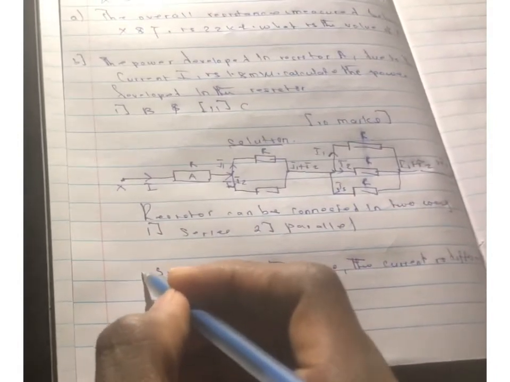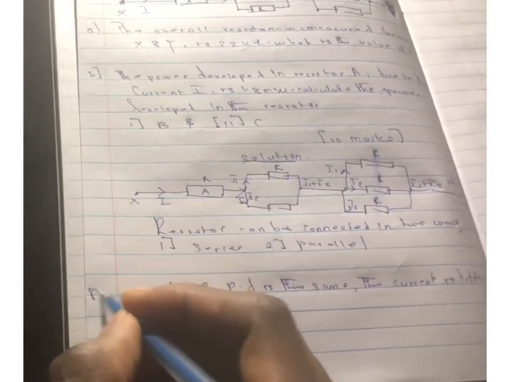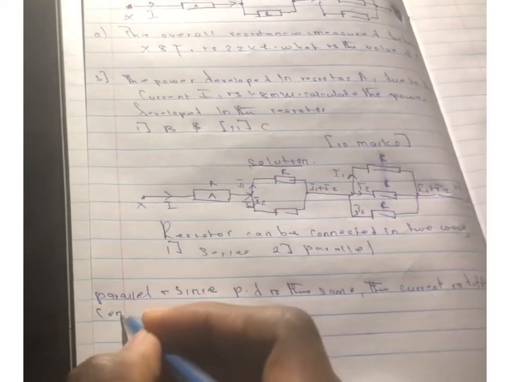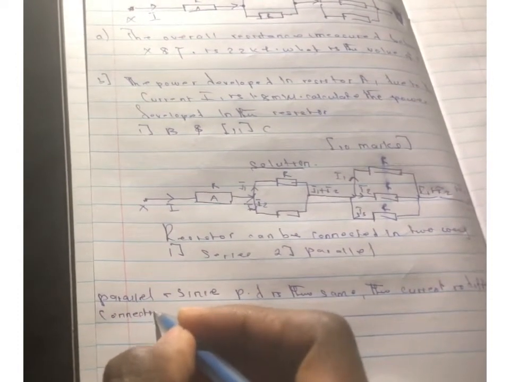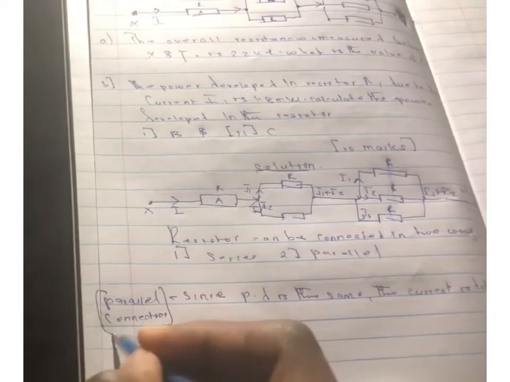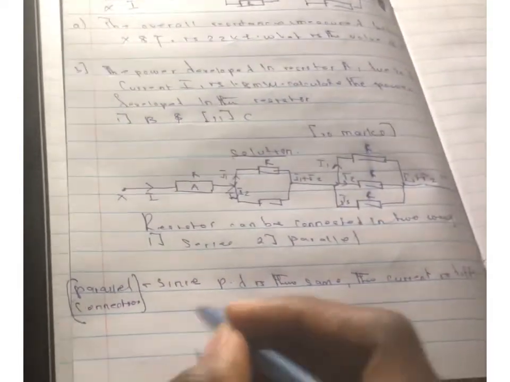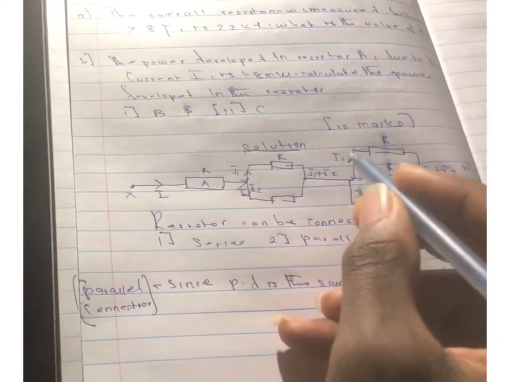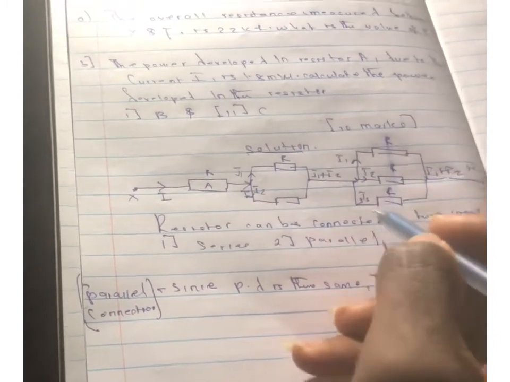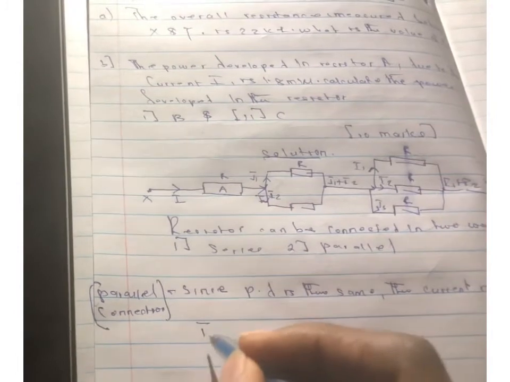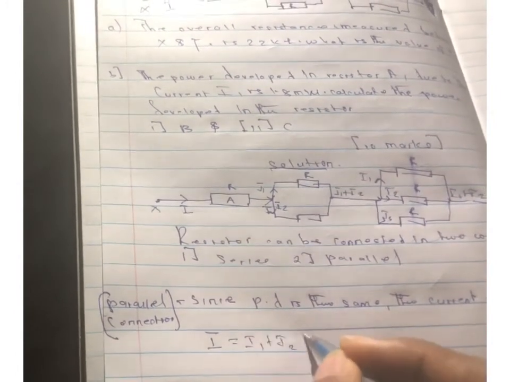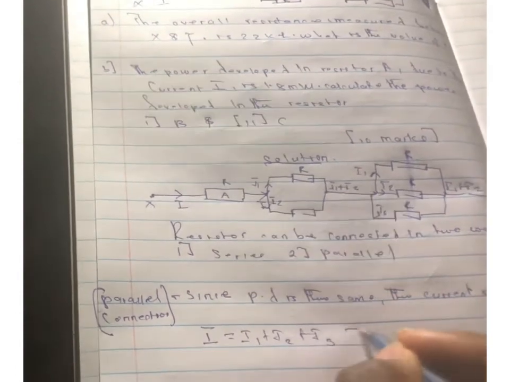Now this is the condition for what? For a parallel connection. So since the current I that flows in splits into branches I1, I2, and I3, therefore I is equal to I1 plus I2 plus I3, which you can call equation 1.